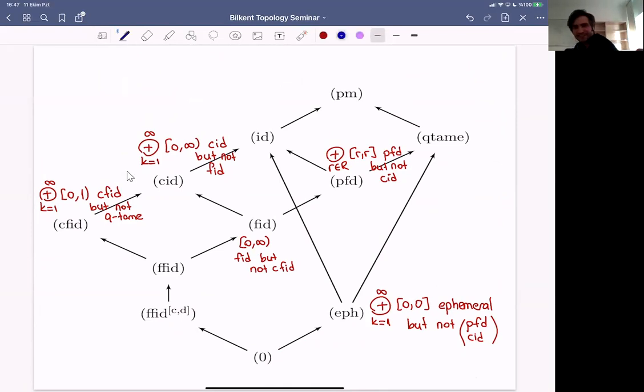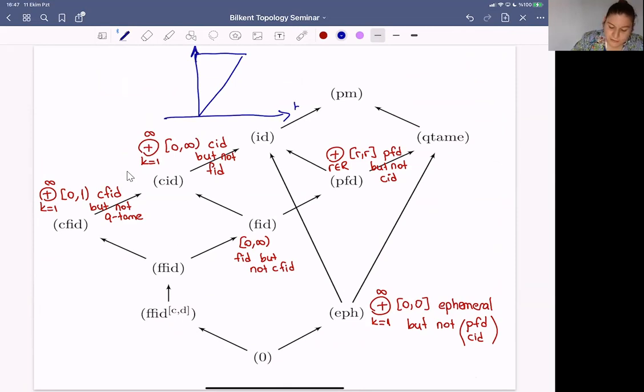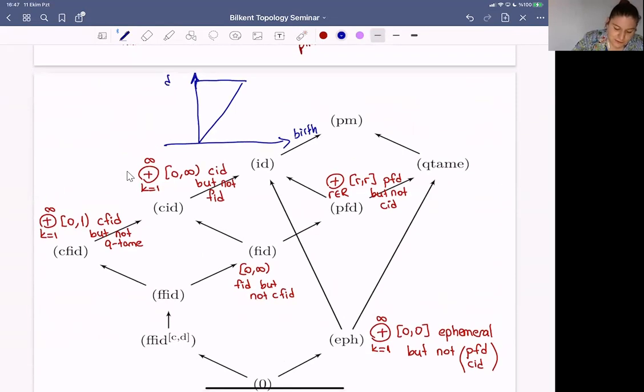One last thing that I can say, in a persistence diagram for the bottleneck distance, this is the birth time and this is the death time. When you have two persistence modules, let's say one is the open interval (0, 2) and one is half closed, and you represent these two interval modules in a persistence diagram, you are going to plot the same points.